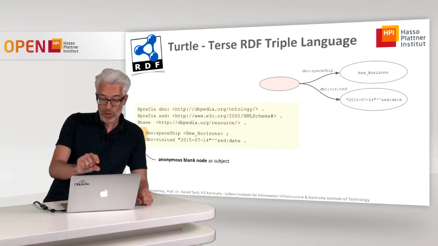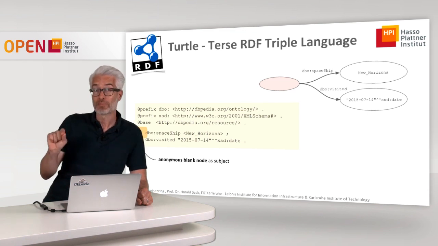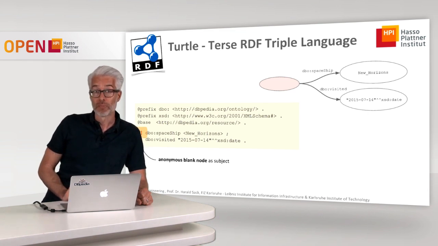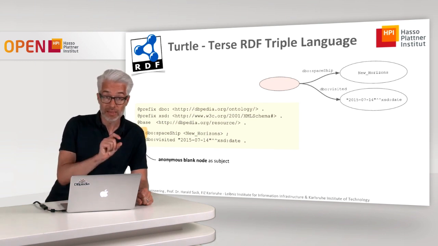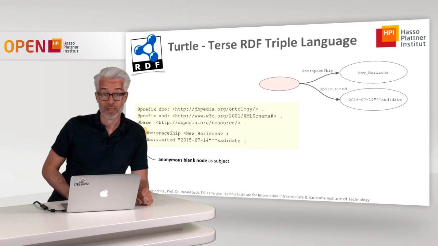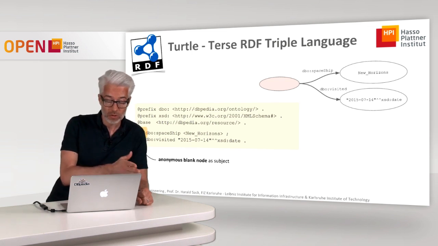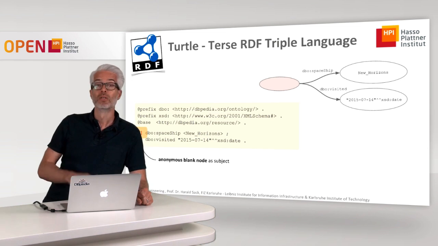And then to represent this little graph where the subject is the blank node, I write the blank node simply here with this interesting square bracket. So these square brackets denote that this is a blank node. And you see here, this is a blank node which is connected then to two properties, spaceship and visited.